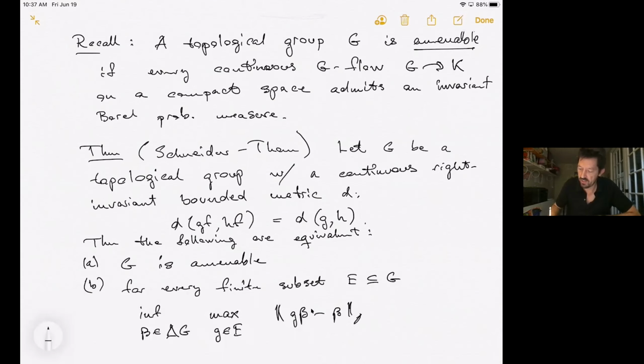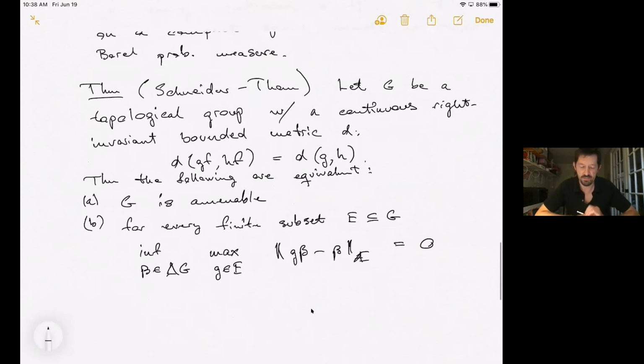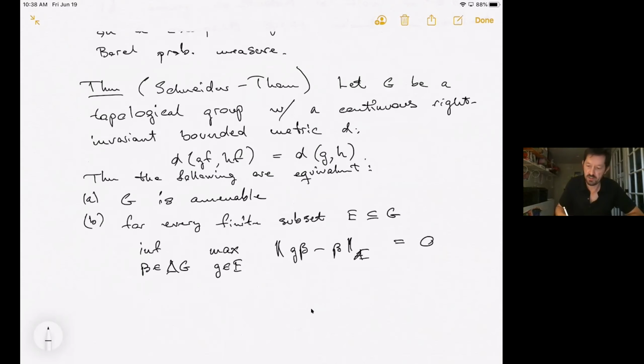I look at this β, a finite convex combination of points in G, and I want that finite convex combination to be almost invariant under multiplication with the elements of G. This is the formulation, and we can also formulate this more explicitly.